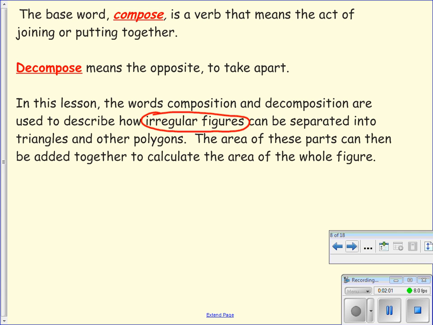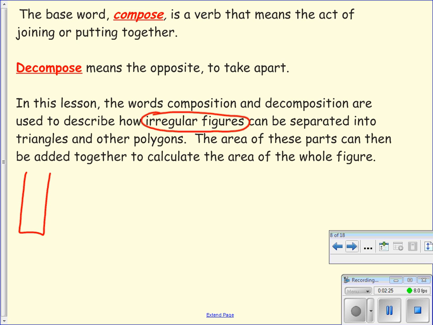What does that mean? Irregular figures. What do you think that means? Well, I know where you're going with it, but not exactly, because they're all polygons, so they could be classified as polygons. So I'll give you a hint.